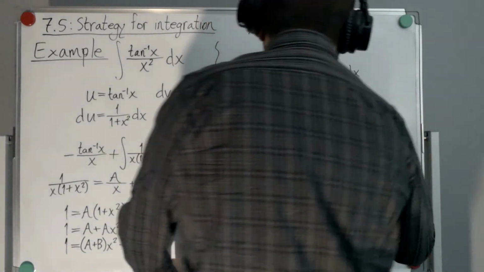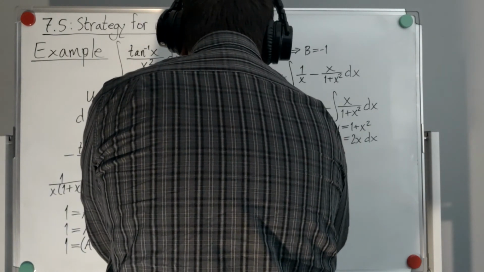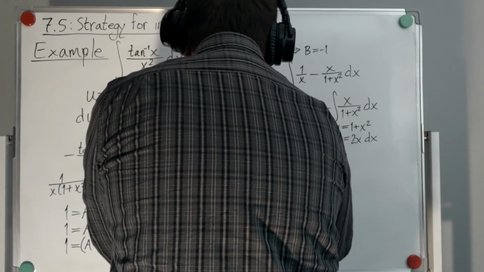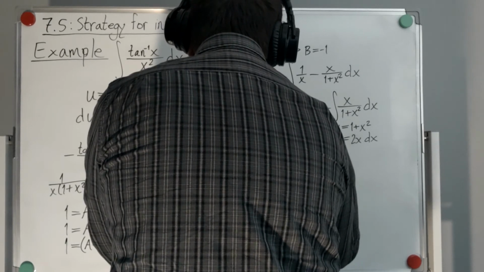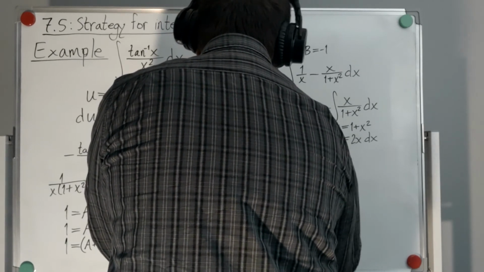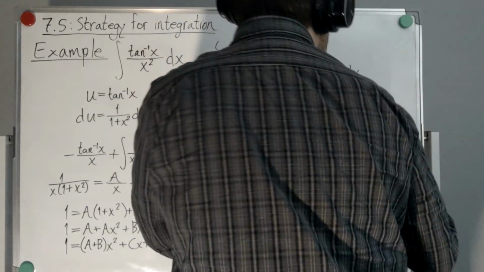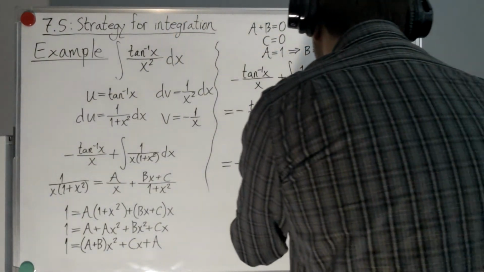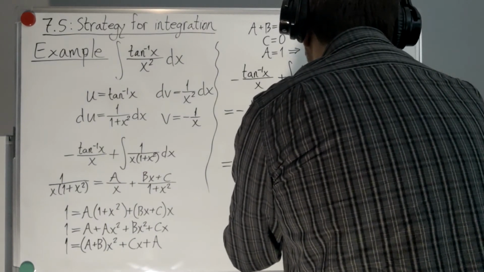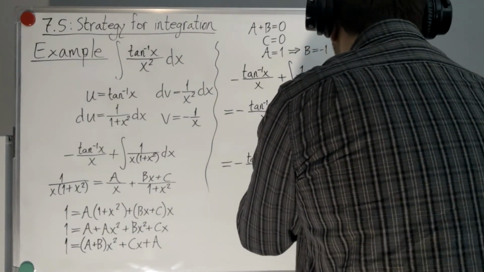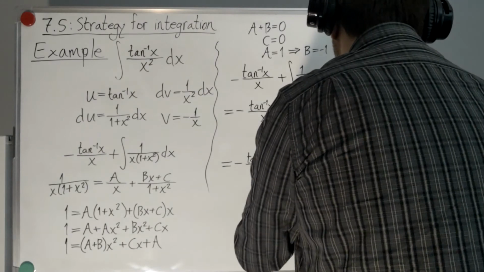So what we get here is negative arctangent x divided by x plus natural log of the absolute value of x, and then minus 1/2 integral of 1 over u du.